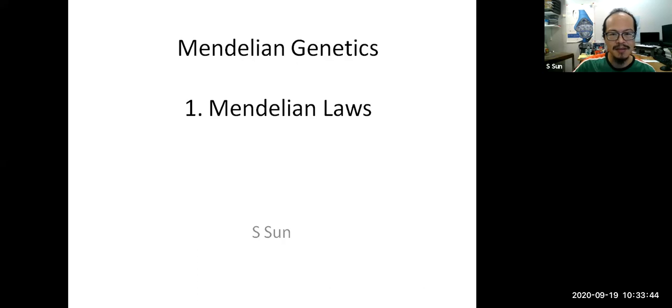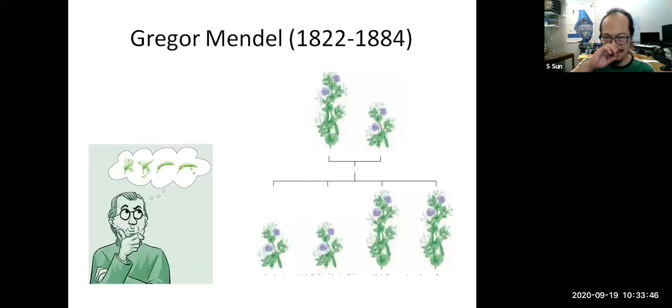All right, so that's the first one. What Mendel was doing is that he planted plants, right? And he found that mating two different plants will have different offspring.